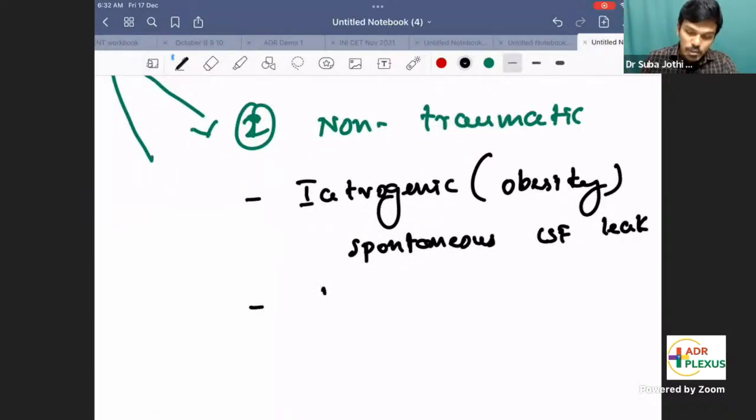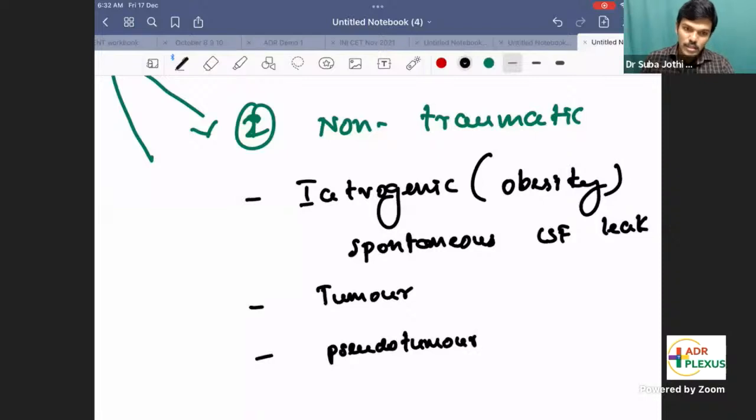It can be due to tumor or pseudotumor. What is pseudotumor? It is pseudotumor cerebri, which you would be learning in physiology.